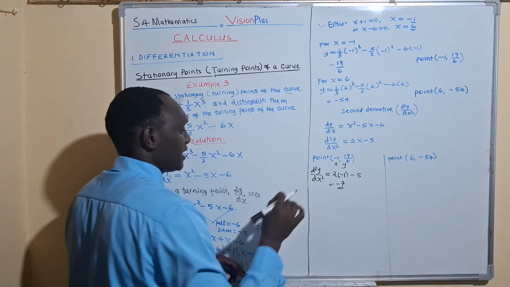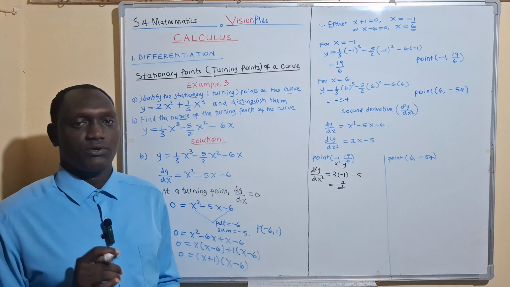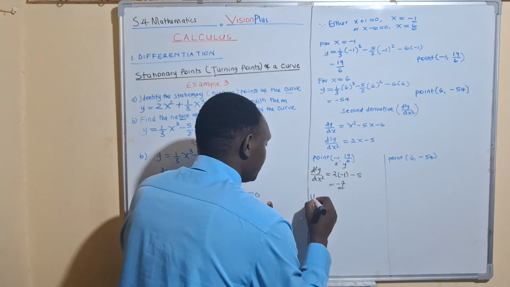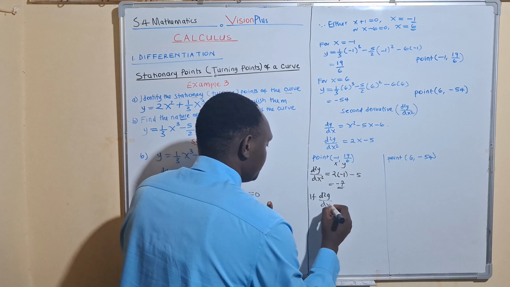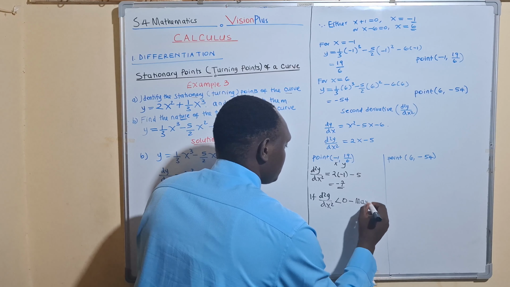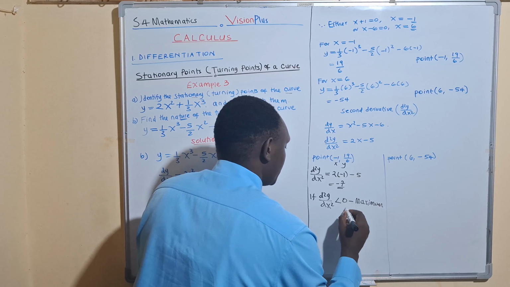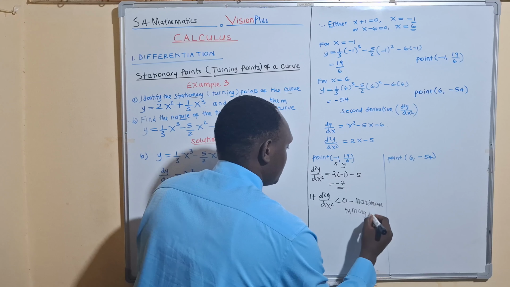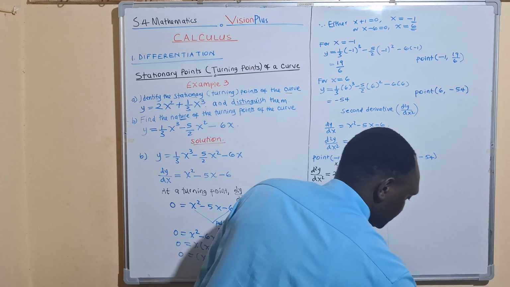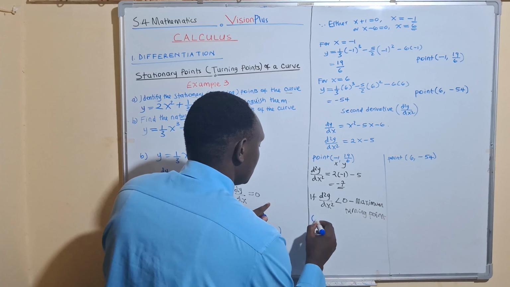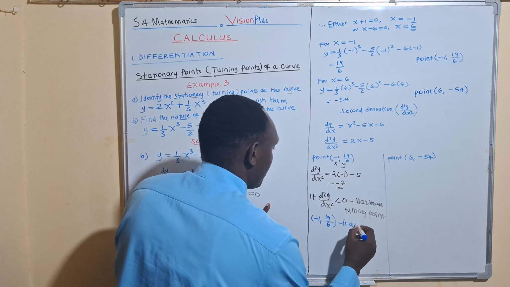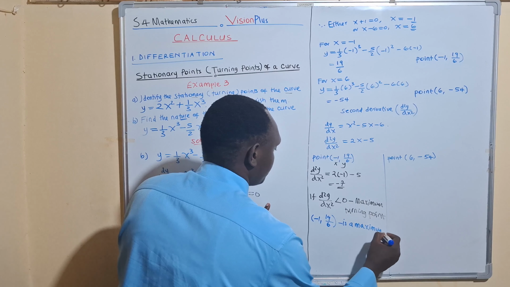Now you judge: is negative 7 more than 0, equal to 0, or less than 0? Negative 7 is less than 0. And we say that if the second derivative is less than 0, it is a maximum turning point. This means that the first point, negative 1, 19/6, is a maximum turning point.